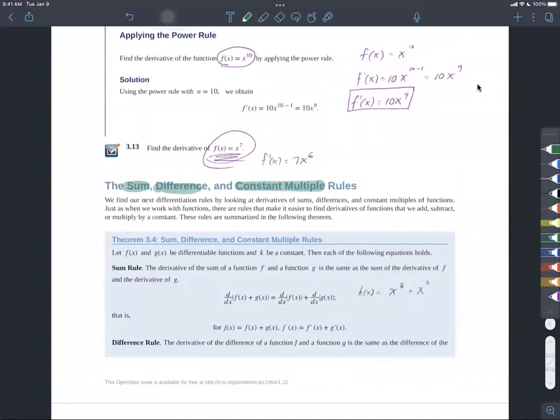So h of x is written as x cubed plus x squared. That's a perfectly legitimate function. But we could think of h of x as the sum of 2 functions, f of x and g of x, where f of x is equal to x cubed and g of x is equal to x squared.